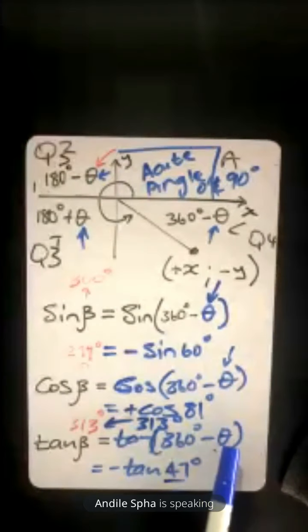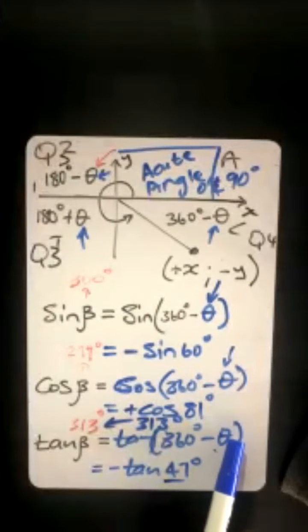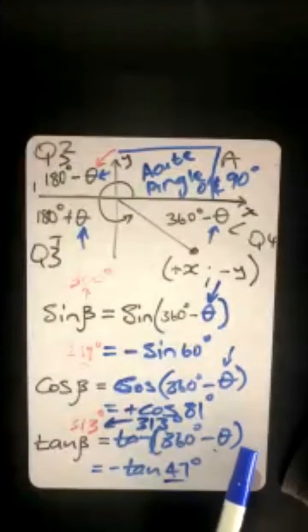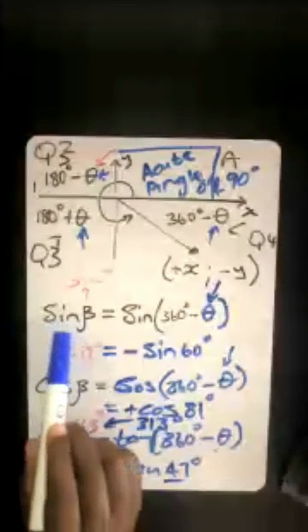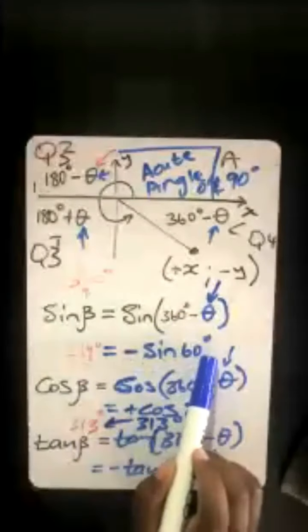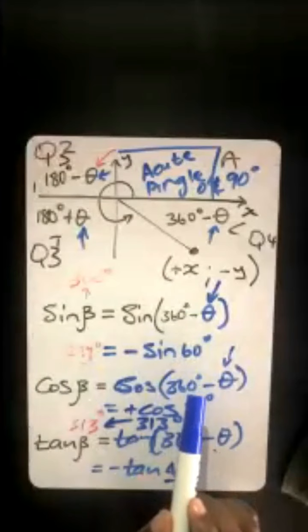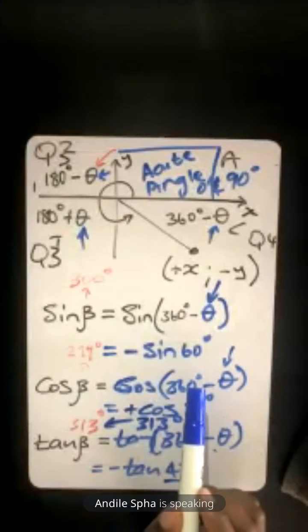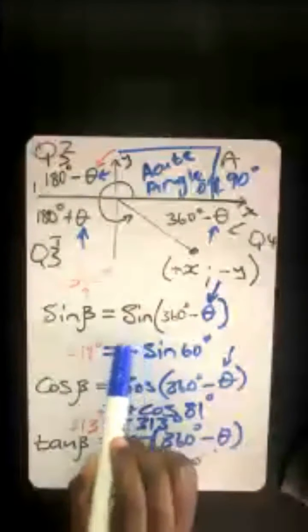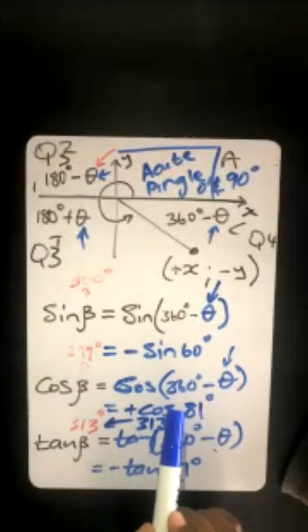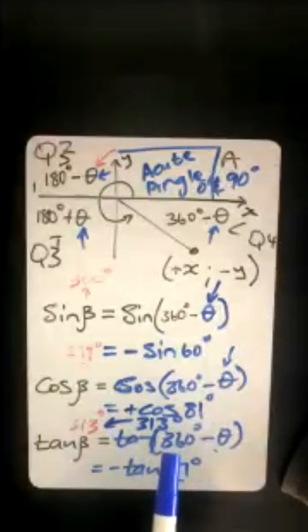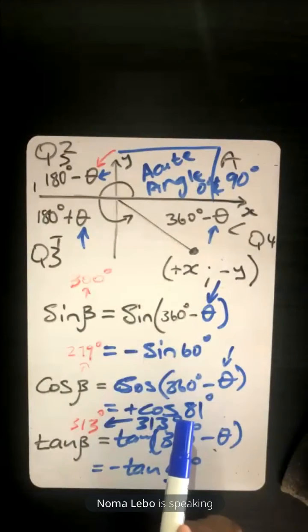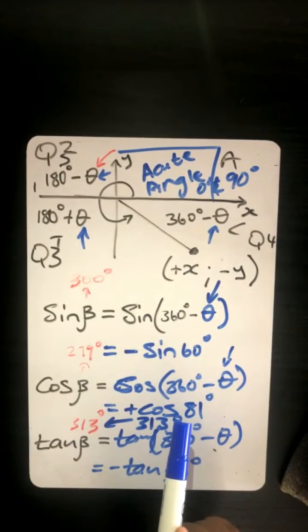Negative sine 60 is negative 0.86. Which one? Negative sine 60. Which answer are you getting? Negative 0.86. Okay, so you're getting a negative answer. Okay, that's fine. Whoever gets an answer, just mention it. If it's wrong, just let us know so that we are aware if it's wrong or correct.